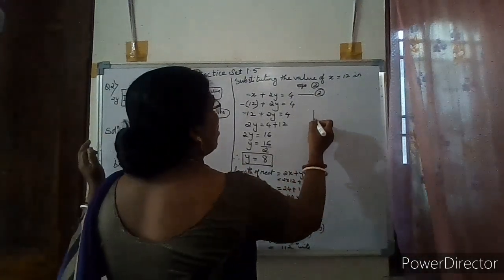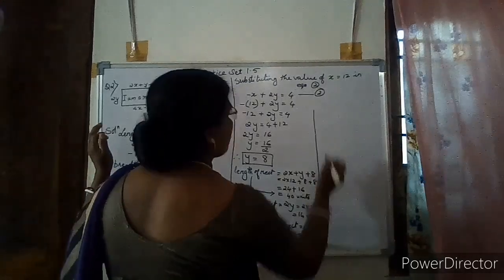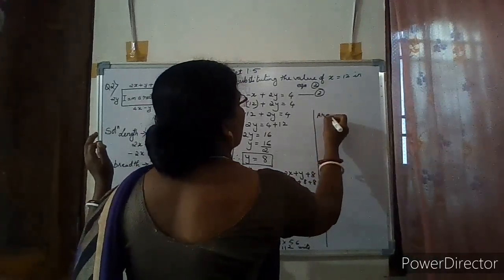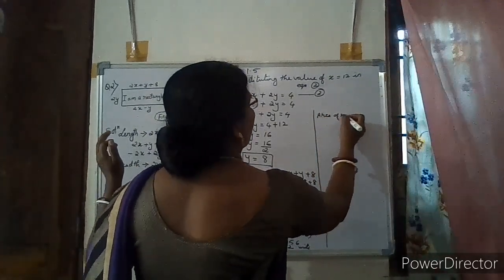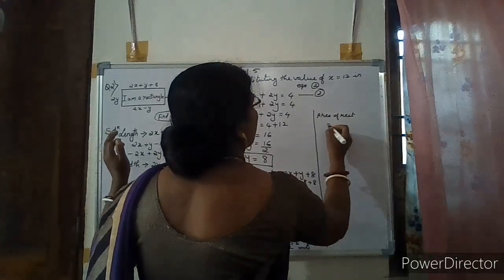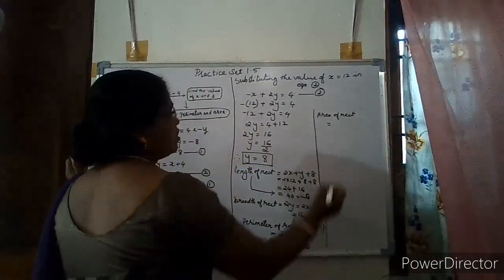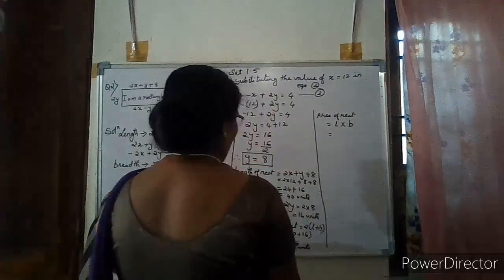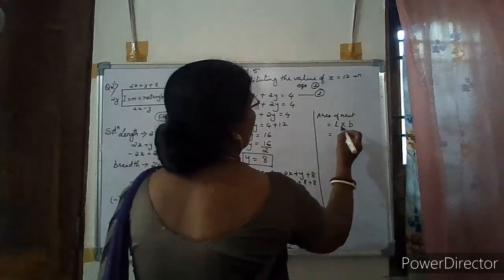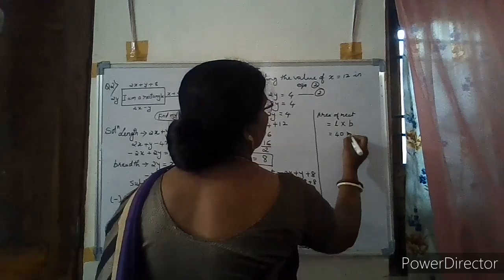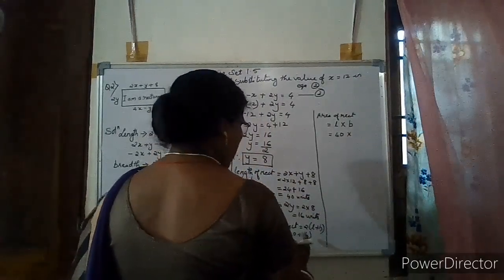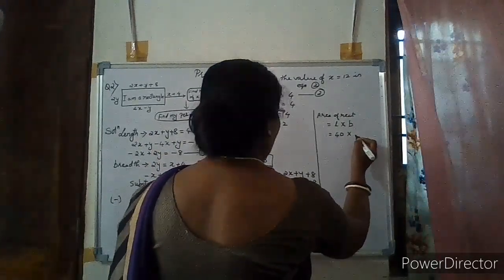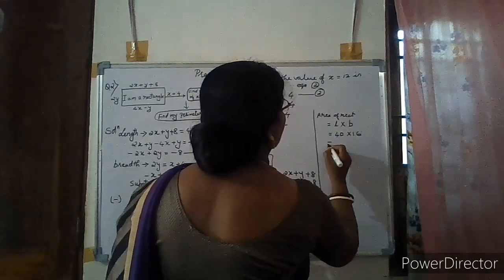Now, area of rectangle. Area of rectangle is equal to length into breadth. So length is here 40 units into breadth, it is 16 units.